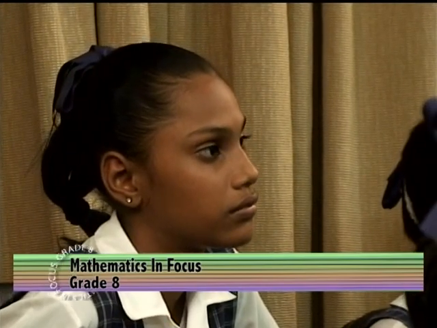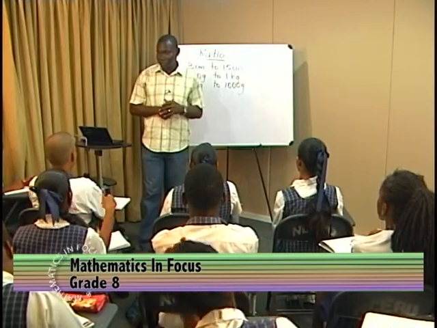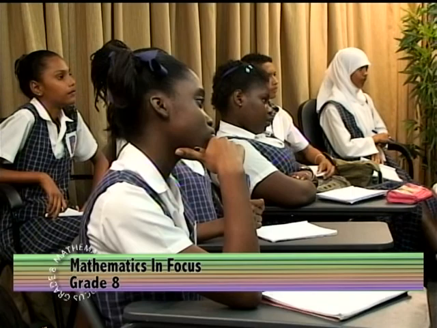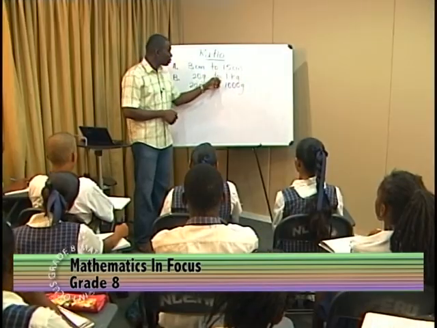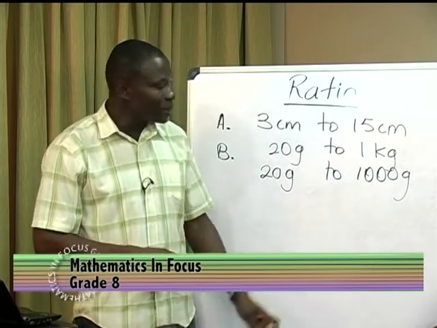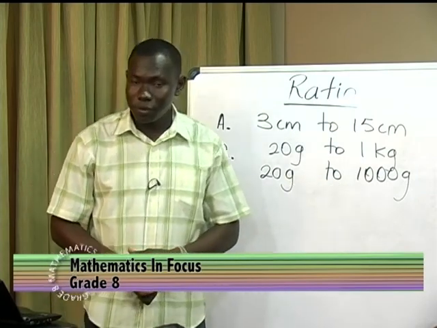There is a special symbol though that we use in comparing in ratio. And I know somebody must know this symbol. So rather than saying 3 cm to 15 cm, and spelling out the word to, rather than saying 20 grams to 1,000 grams, there is a symbol that we use to replace this to. 2 dots, right? 2 dots. So what do we call it? A colon.